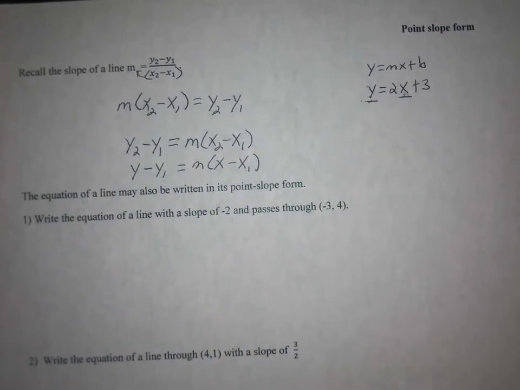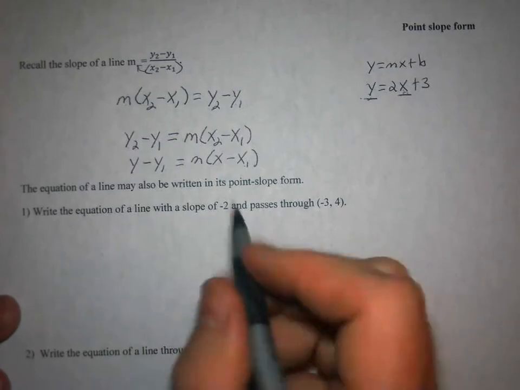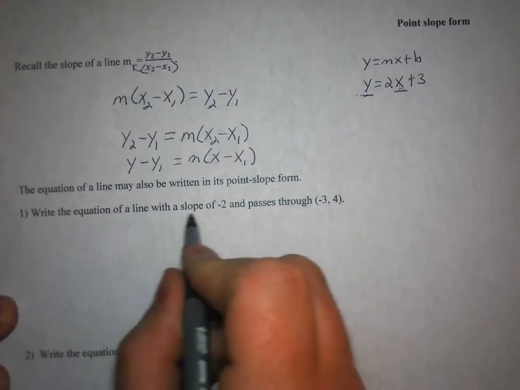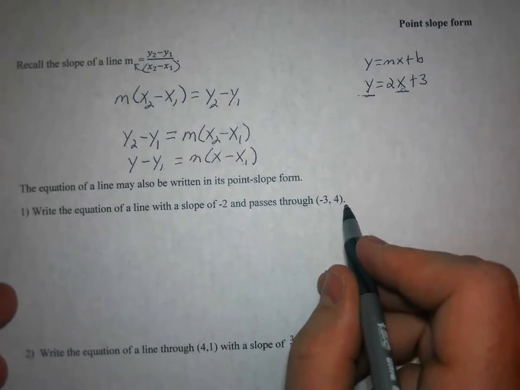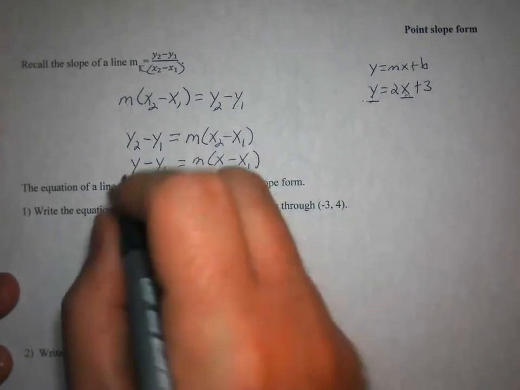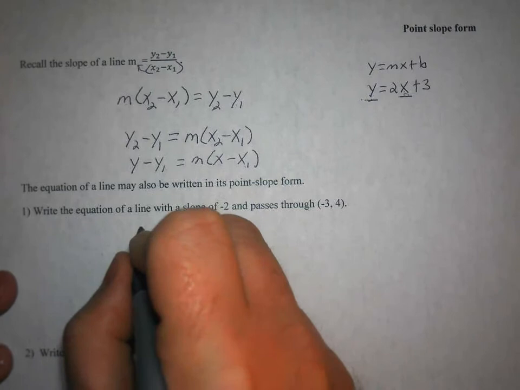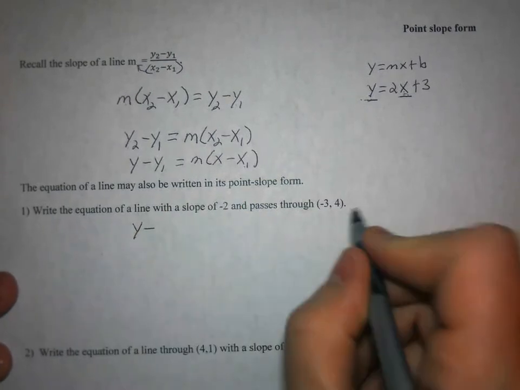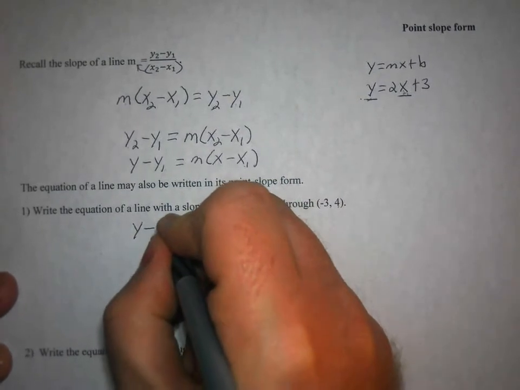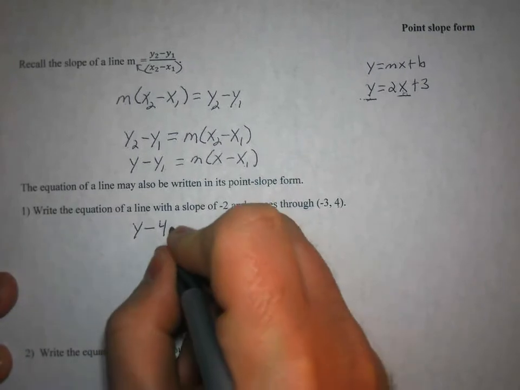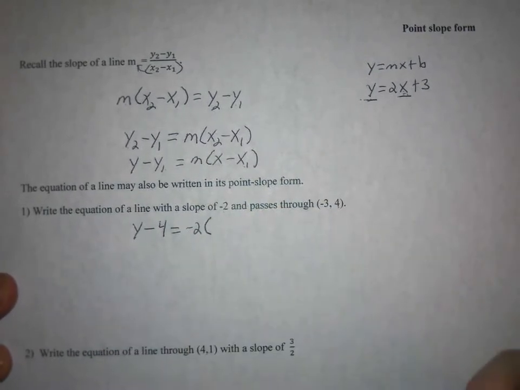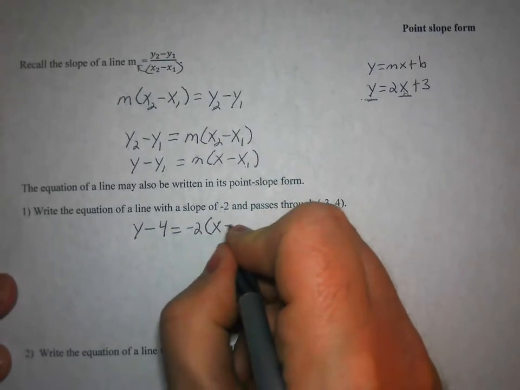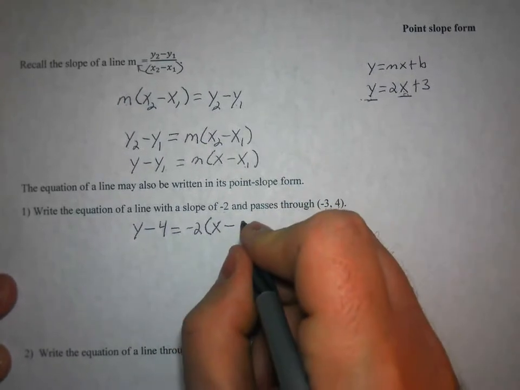So using the point-slope form, in number 1, write an equation of a line whose slope is negative 2, passing through the point negative 3, 4. So we have y minus y1. Well, y1 is 4. So we have y minus 4 equals m times x minus x1.